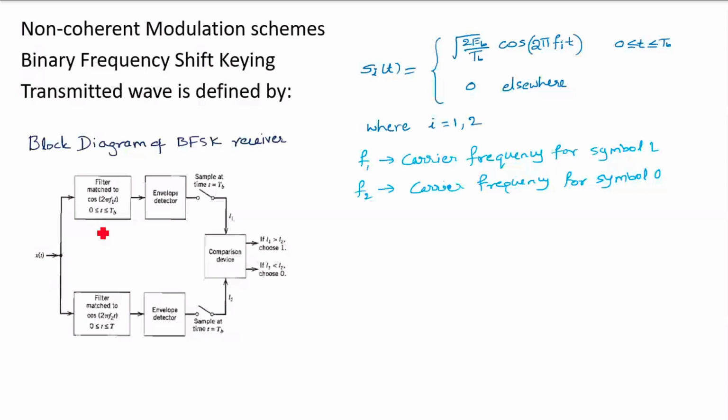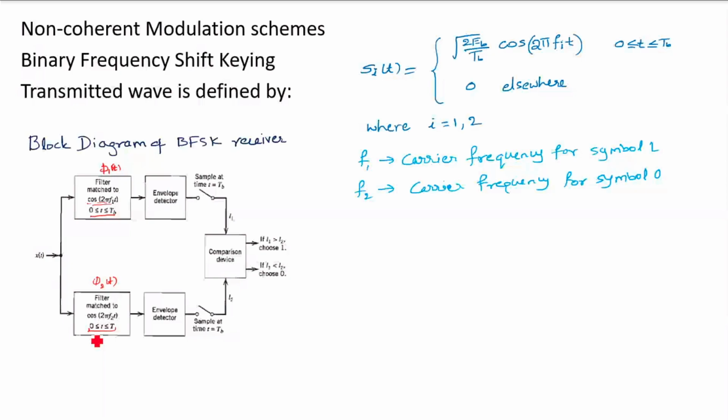So there are two matched filters required here: a matched filter matched to the basis function phi1 of t, and another matched filter matched to the basis function phi2 of t. We are not actually generating the carrier here. In fact, we are taking a system whose response is matched with the transmitted signal, so phi1 of t, but the duration of the filter is having the impulse response defined from 0 to T, right?